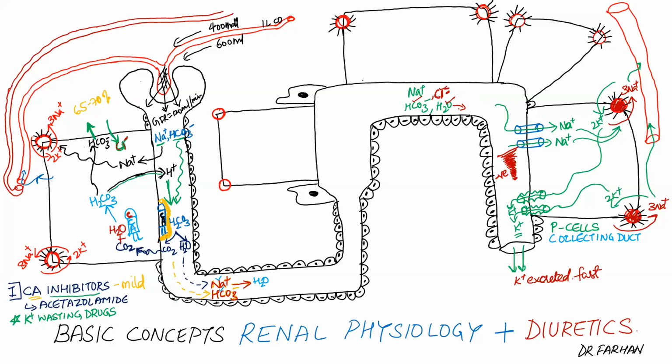Now we have a little mechanism which is overtaken by the P cells, and what these P cells do is cause a minimal reabsorption of sodium. And hence, since the positivity is leaving the lumen, this area will become highly electronegative.